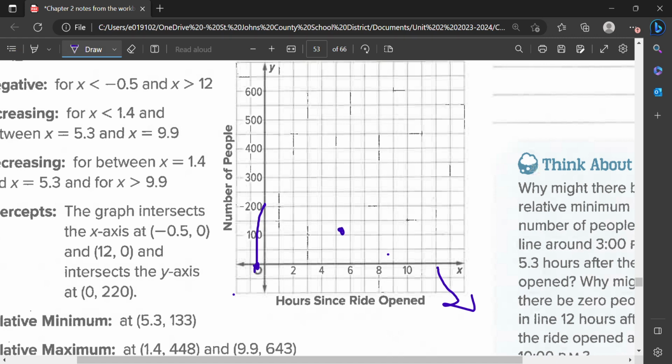Our relative maximums are at 1.4 and 448, so somewhere in there, and 9.9 and 643, so somewhere up there. So what it looks like is it's going something like this.